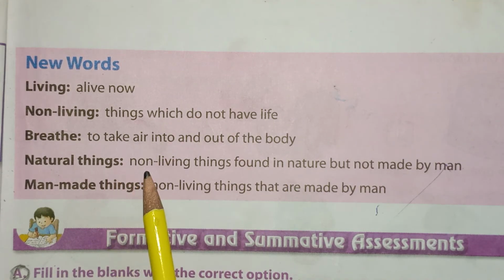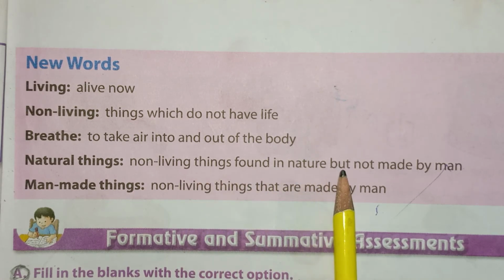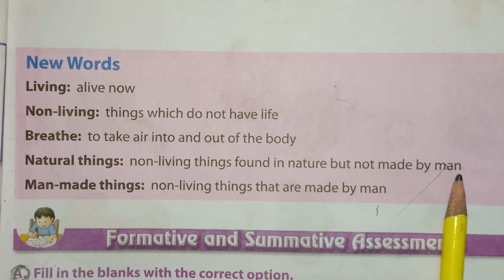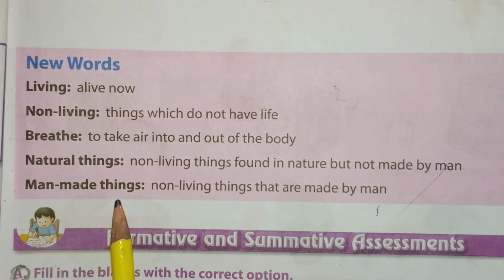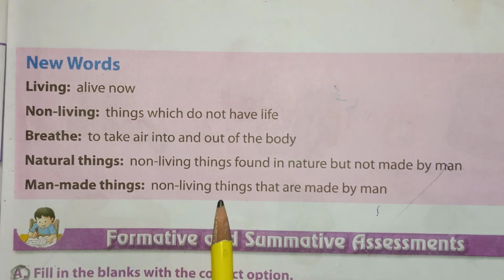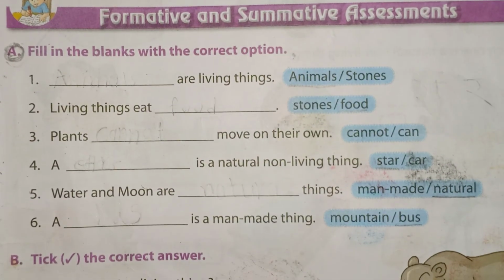Natural things, non-living things found in nature but not made by man. All they are known as natural things. Man-made things, non-living things that are made by man. All of it is known as man-made things. Let's move towards the exercise.